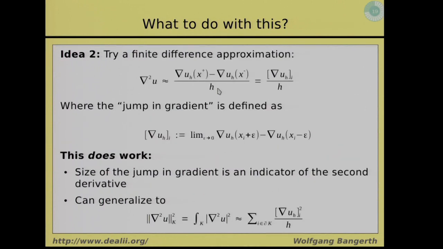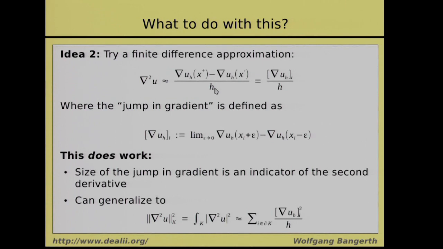So a maybe better approach works through a finite difference approximation. I can say that the second derivatives of my solution would be something like, let's say, the gradient of UH on the cell to the left minus the gradient of the solution on the current cell, divided by the mesh size, something of this sort.